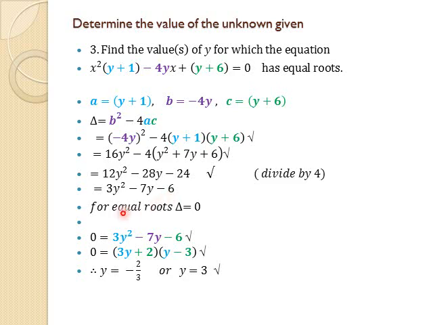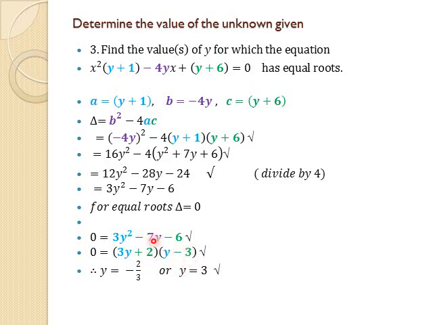For equal roots, delta must be less than 0. Or my discriminant, not less than 0, the discriminant must equal 0. My apologies. Right? So from there, 3y squared minus 7y minus 6 equals 0. I have to factorize. 3 is a prime number, so it can only be 3y times y. For negative 6, the signs must be positive and negative to get to negative 6. And there I've used 2 and 3.